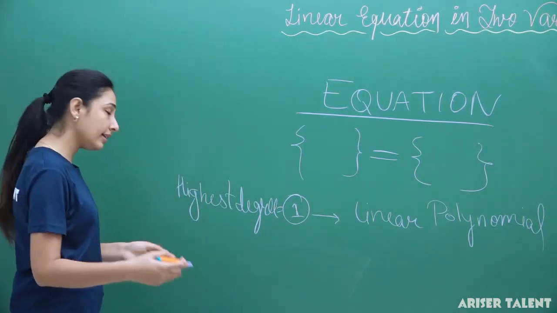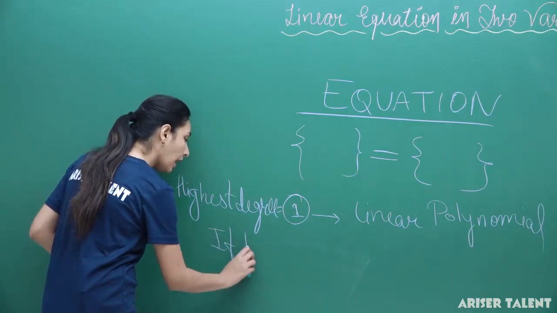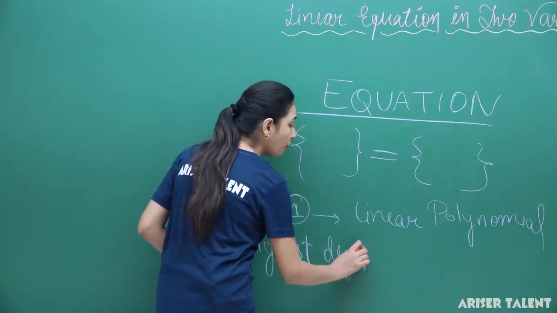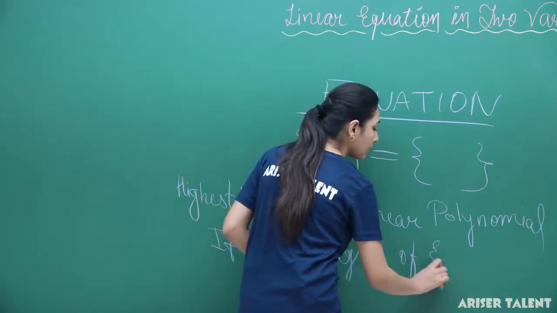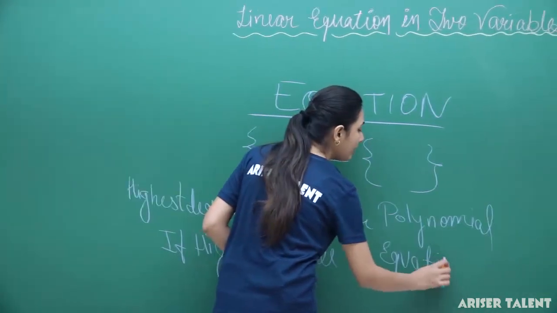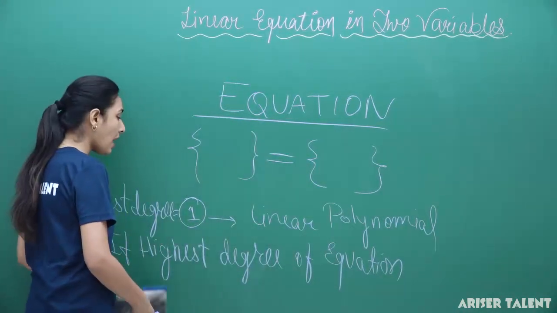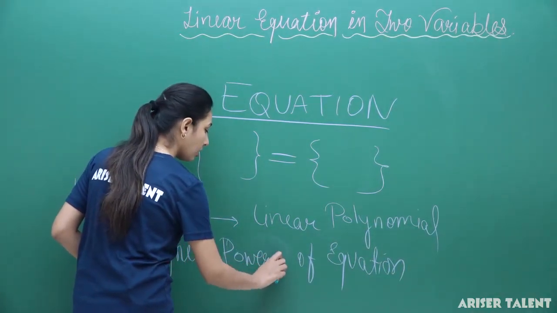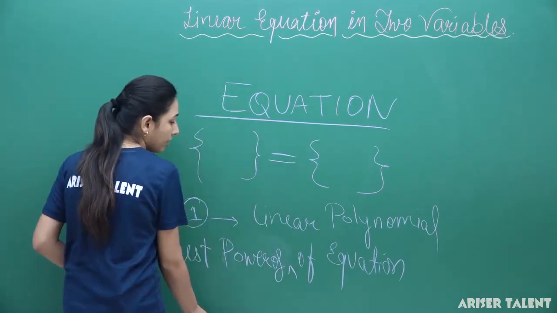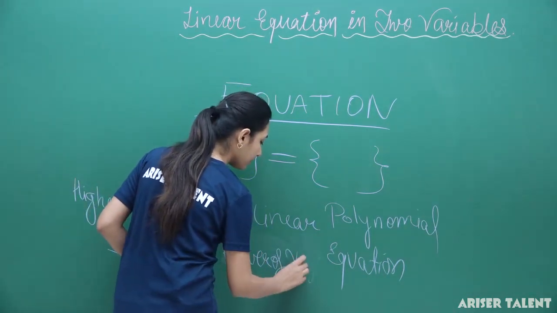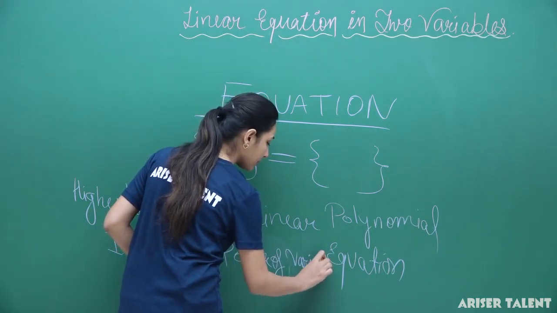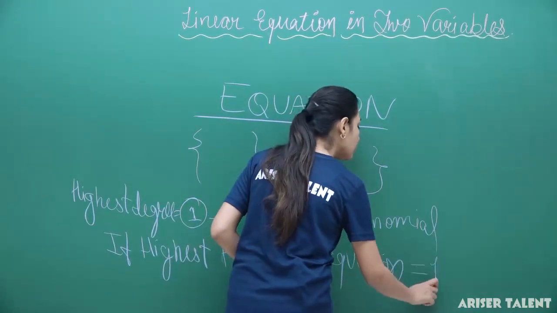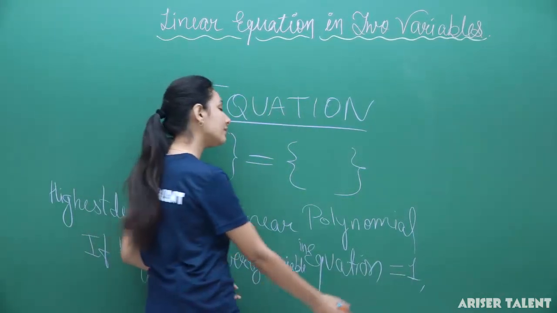Now I am saying that if the highest degree of the equation, or I may say the highest power of the variable in the equation is equal to 1, then this is a linear equation.